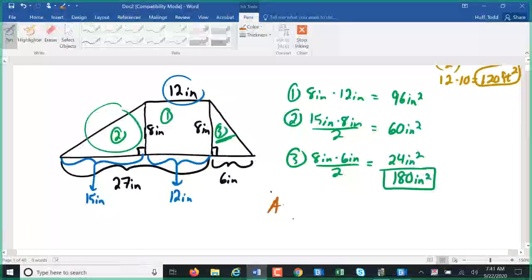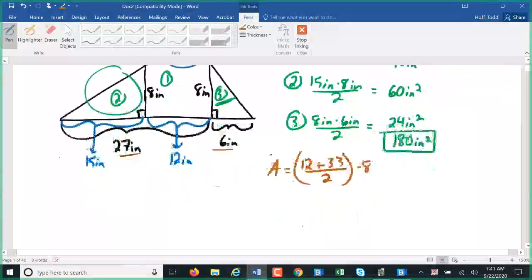Or we could have used the trapezoid formula, which would have been base plus base. This would be 33 all the way across down here, divided by 2, and times that height of 8. 12 plus 33 is 45. 45 divided by 2 is 22.5.